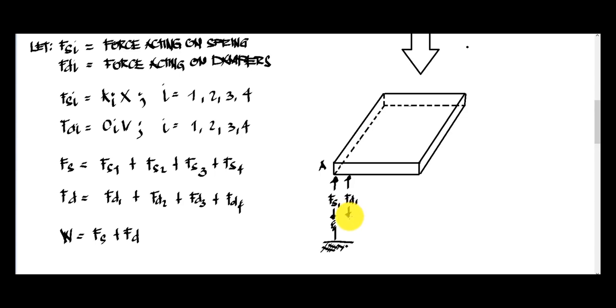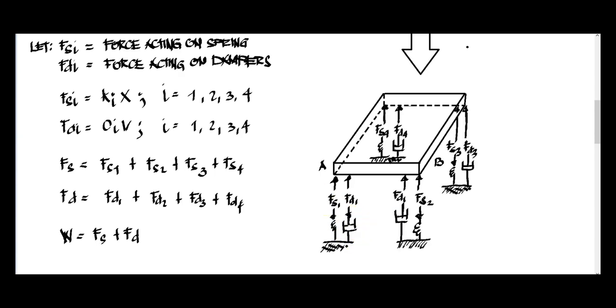So you can also represent it like this to properly address the equation or the free body diagram, so that we have the guide. The same also I've done here at points A, B, C, and D. So we have this showing that the force is acting on our springs and dampers, and where they are located.